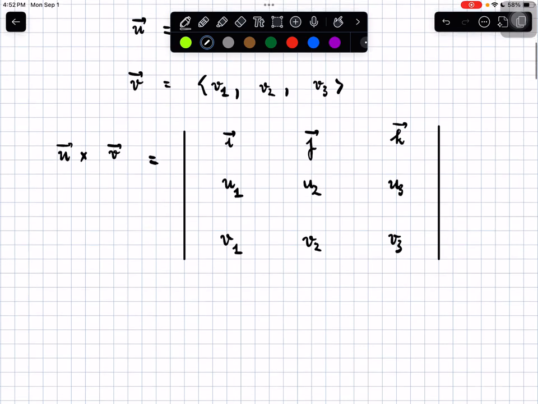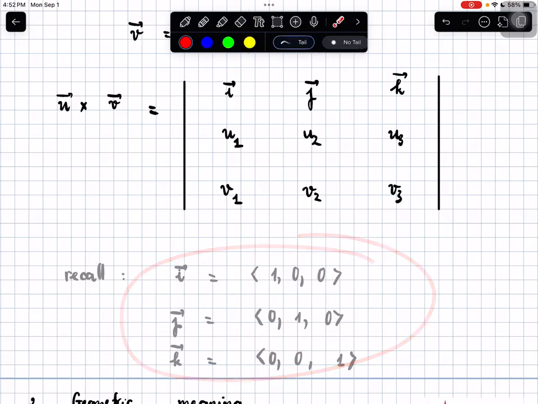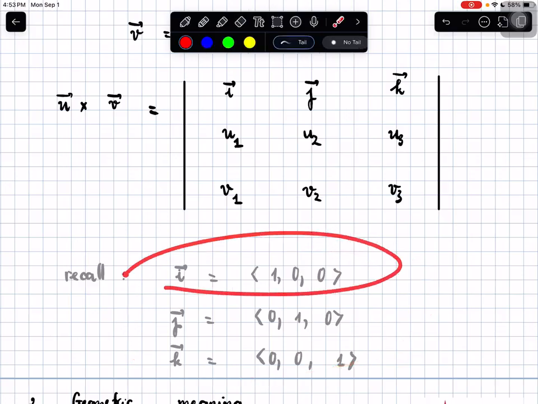Here, vector i is (1, 0, 0), vector j is (0, 1, 0), and vector k is (0, 0, 1). They correspond to three unit vectors, all of length 1, corresponding to the x-axis, y-axis, and z-axis.